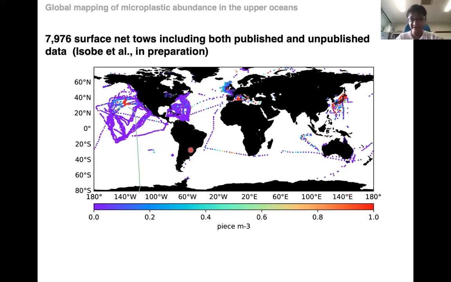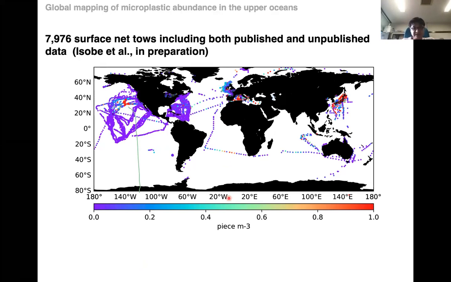We synthesize all the data as shown in these panels. Each dot means a location where a microplastic survey has been conducted in the past, and the color means the microplastic concentration in pieces per cubic meter.